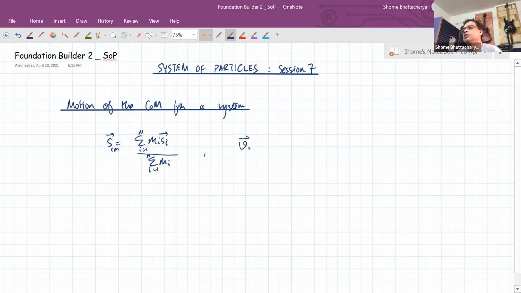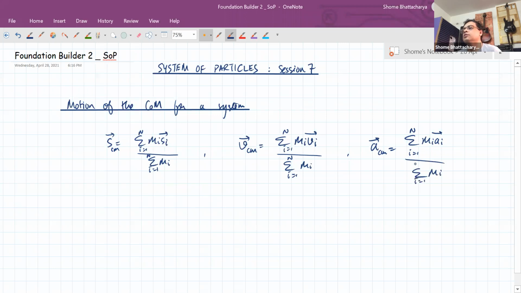Similarly, velocity of center of mass is again summation of mass into velocity divided by total mass. And similarly, acceleration of center of mass is summation of mass into acceleration for individual particles or individual masses in the system divided by the total mass.